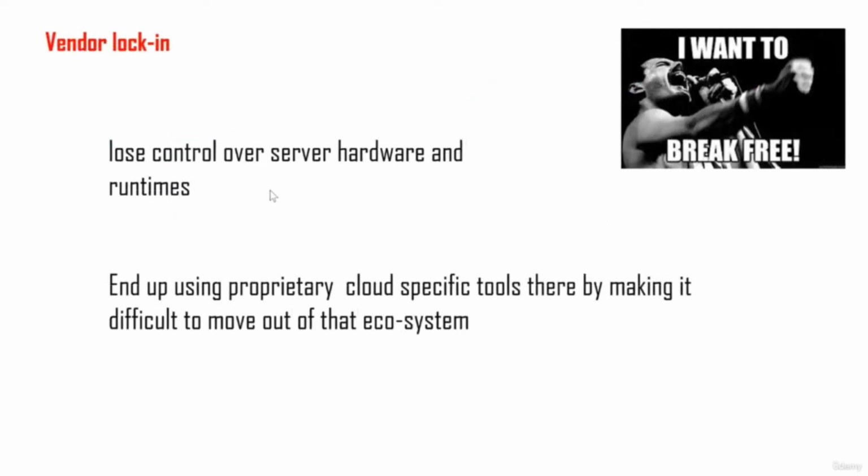Another disadvantage of using serverless is that you will have lost control over your hardware and the runtime. What eventually happens is that you end up using other proprietary cloud specific tools that make it difficult for you to move out of that particular ecosystem. Let's assume that you've created a Lambda application. Now you would want a trigger like an S3 bucket or an SQS or an SNS, so you would use that. You would also use other services like EC2, Aurora database, etc., to make a complete application out of your Lambda.